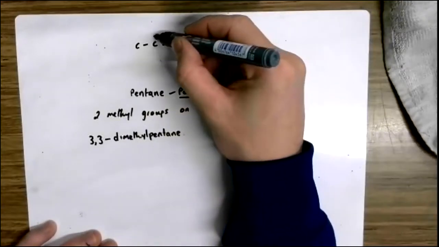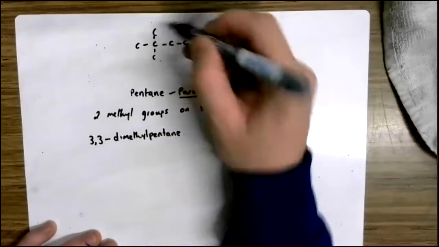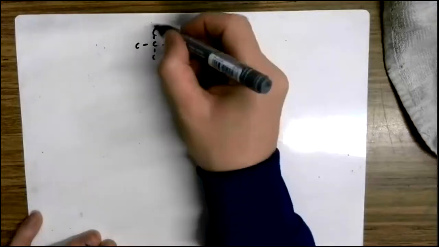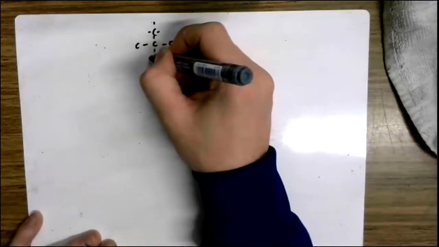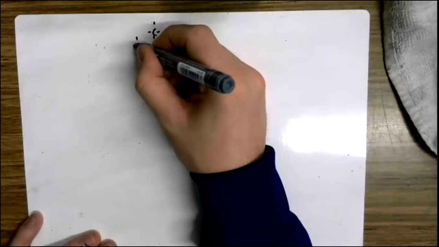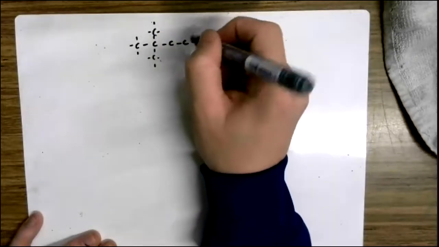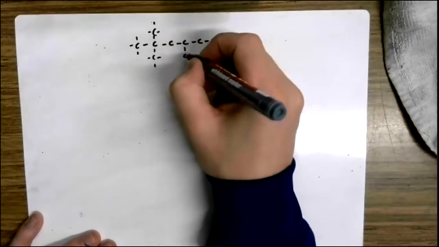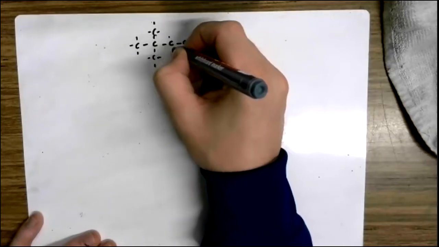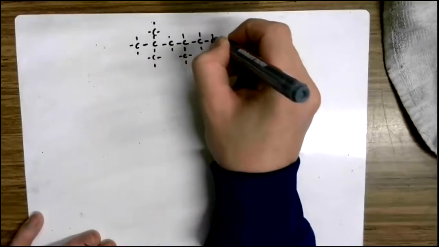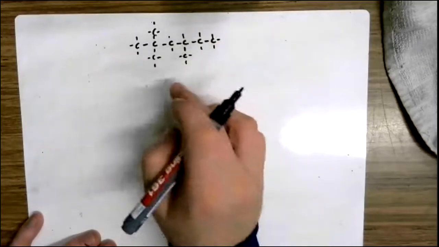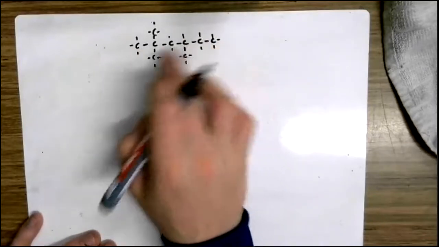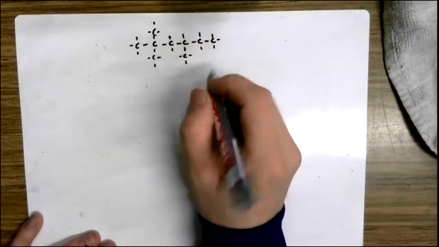So what would happen if I had 2 methyl groups on this carbon and another methyl group on that carbon? What would happen in that case? Well, again, we would do the same thing, identify the longest chain, give us our parent name.